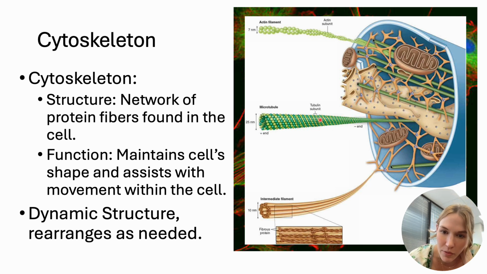So we have what we call tubulin subunits that will form a large microtubule. But these can get rearranged, and we can shorten it and we can extend it based on the cell need. Same with the actin filament. So we're able to shorten it and extend it as the cell needs, depending on what is trying to happen in the cell. So it's very dynamic, it's not rigid, and it's very important for structure.